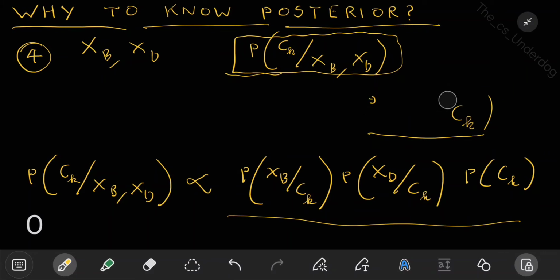What do we have to finally find? We have to finally say that P of CK given XB, XD is directly proportional to P of CK given XB into P of CK given XD.